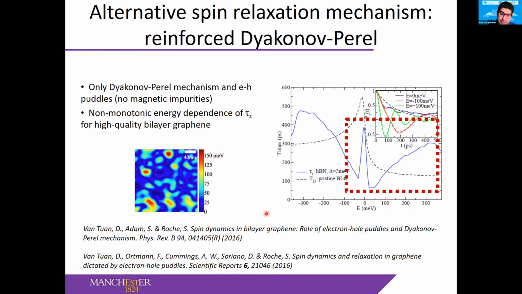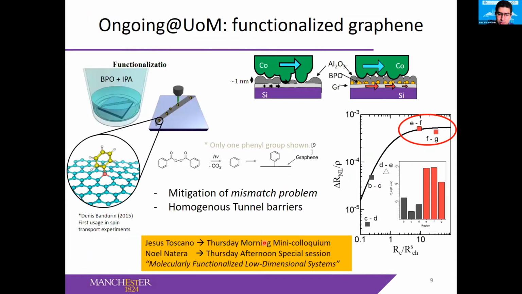What they have come up with is a picture where, even without atomic scale defects, strong localized magnetic moments and so on, they can reproduce this dependence on energy of the relaxation rate, just by including as ingredients the spin orbit coupling in graphene, plus the presence of electron-hole puddles, which you would have anyway in perfectly flat graphene when you have charge impurities around, right? And this is really an important consideration because it changed the discussion in the last couple of years about how to improve the quality of the devices and identify this source of impurity.